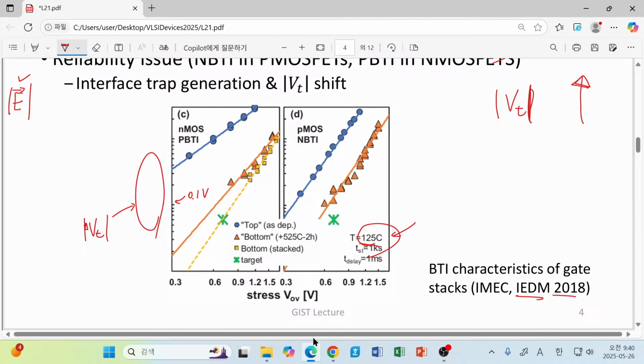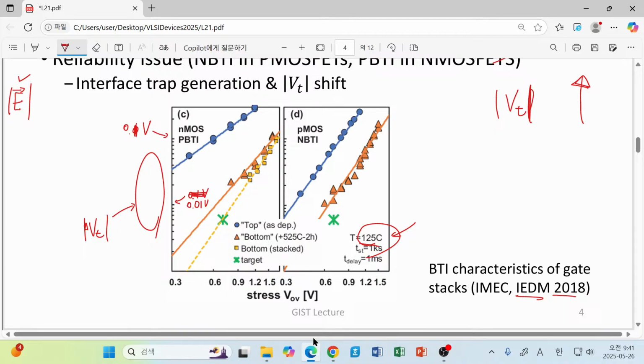And there is another one, yes, sorry about that. This is corresponding to 10 millivolt, and this is 0.1 volt.